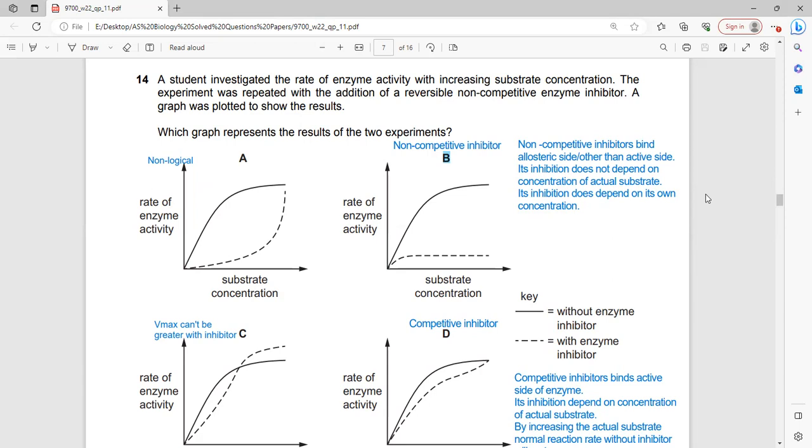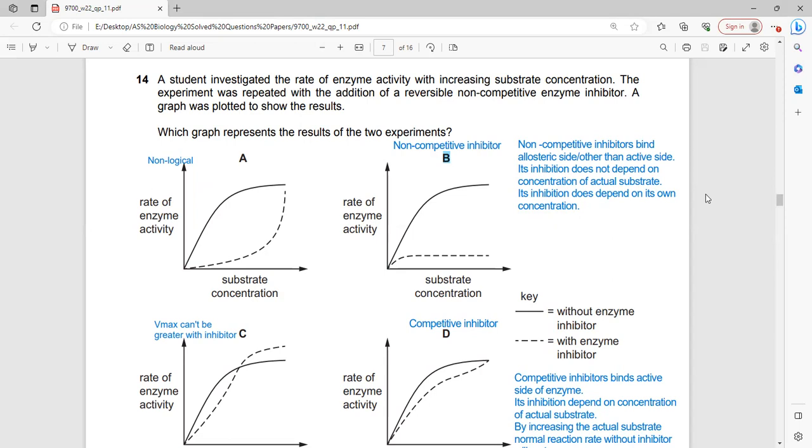Now, if you are using a non-competitive reversible inhibitor, this non-competitive inhibitor binds other than at the active site of the enzyme. So it is not affected by the actual substrate concentration. If you increase the substrate concentration, the inhibition rate of the reaction will stay the same.